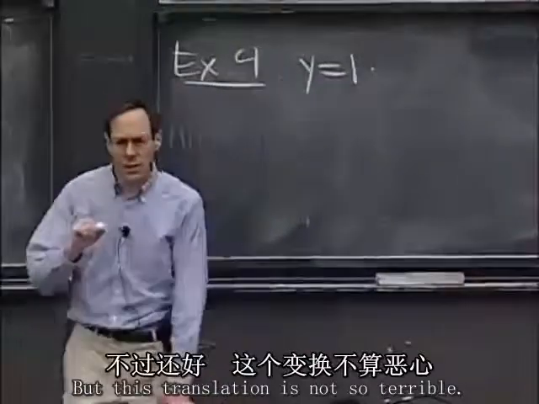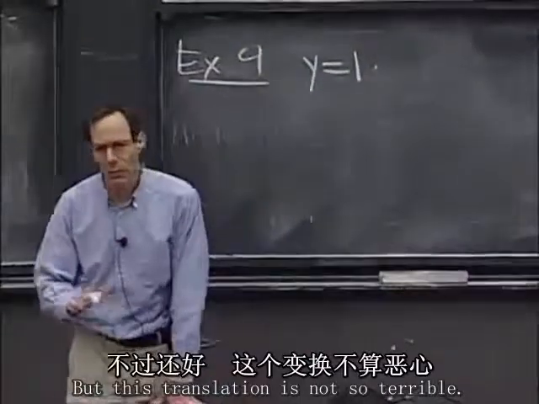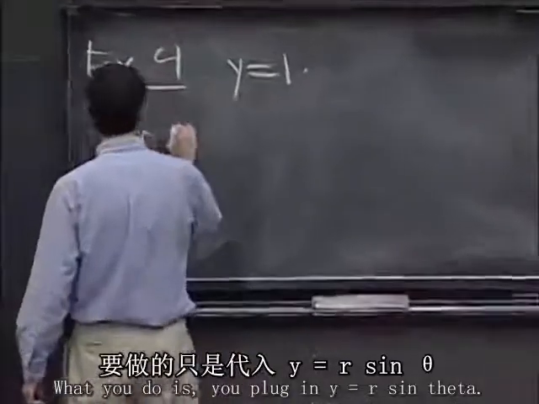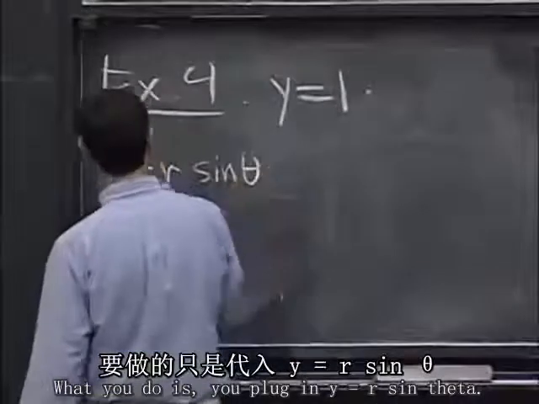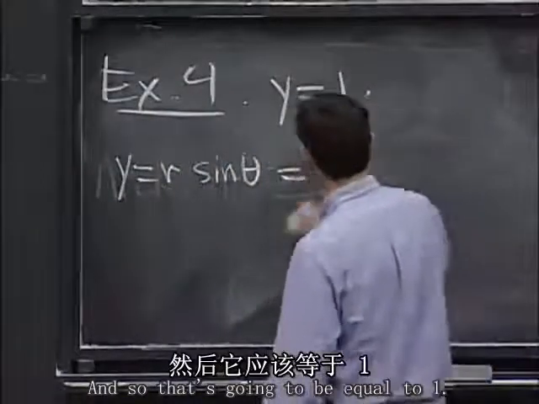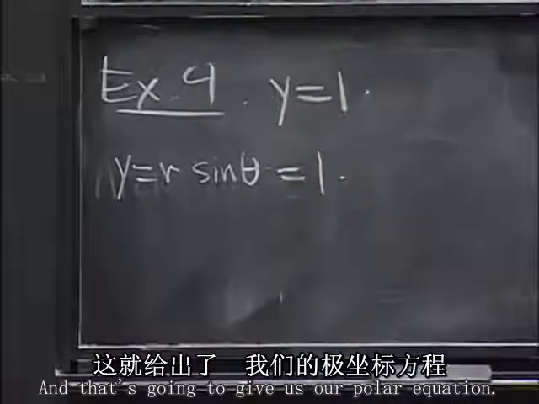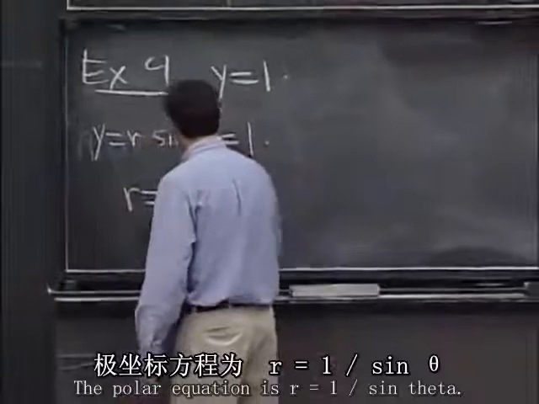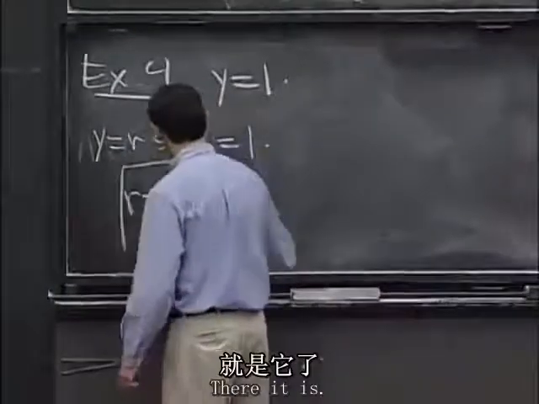This translation is not so terrible. What you do is you plug in y equals r sine theta. That's all you have to do. And so that's going to be equal to 1, and that's going to give us our polar equation. The polar equation is r equals 1 over sine theta. There it is.